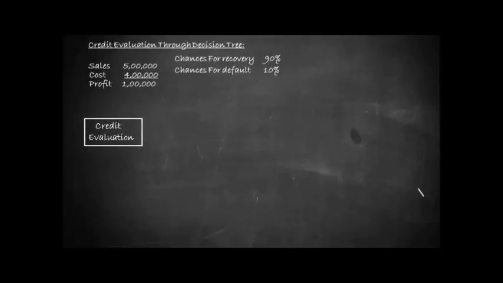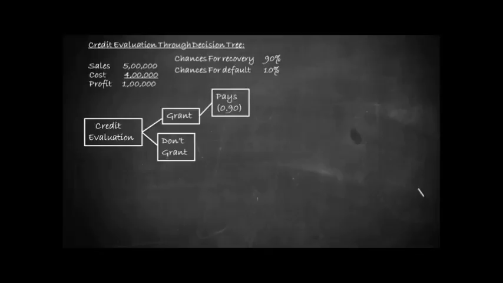There are two options. One is grant credit, the other one is don't grant credit. If you grant credit, what happens is there is a possibility that he will pay and it is 90%, and there is also a possibility that he will not pay, which is 10%. So what is the possibility of paying is 90%. If he pays, what is the amount you will get? It is 1 lakh.